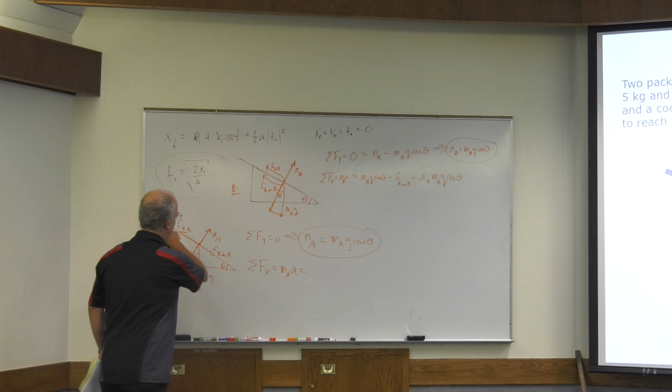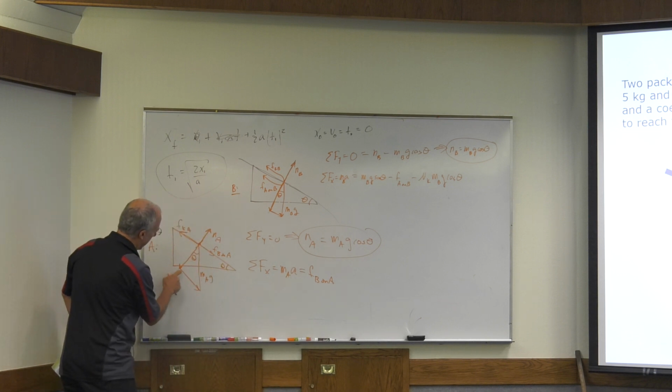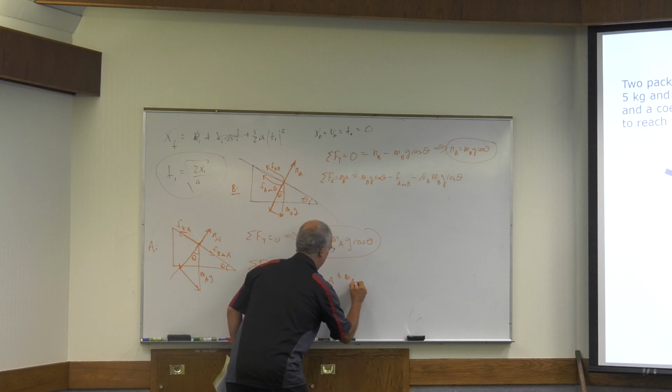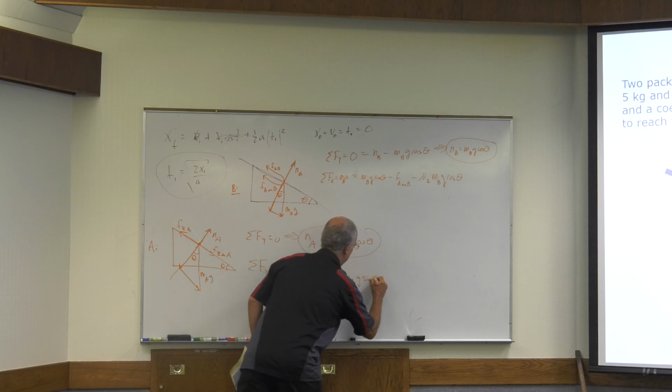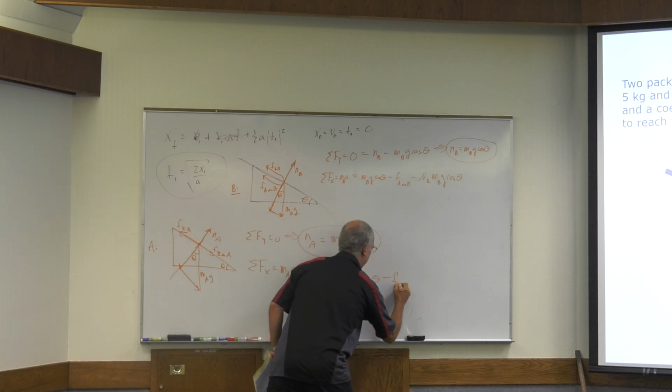All right, so we have FB on A going down, we have MAG sine theta, and we have minus the friction, minus FKA.